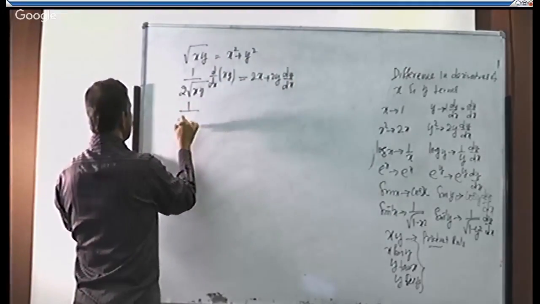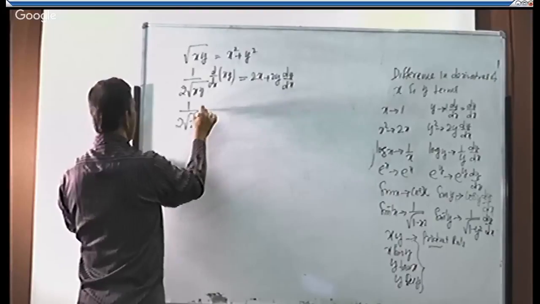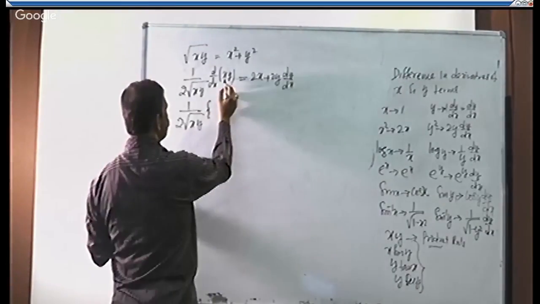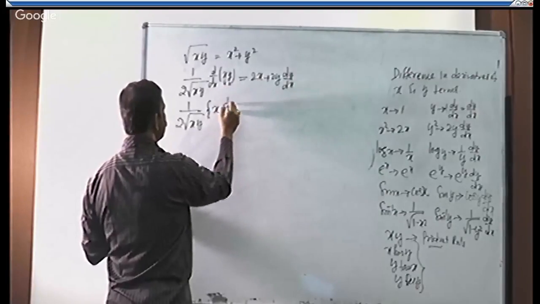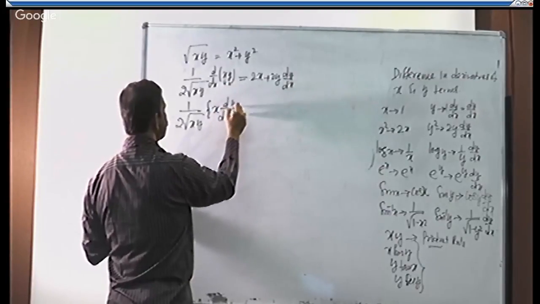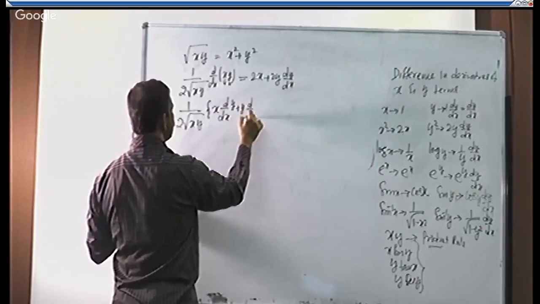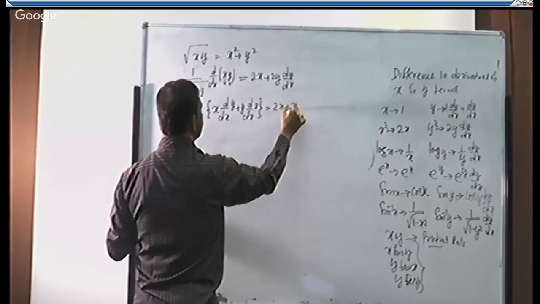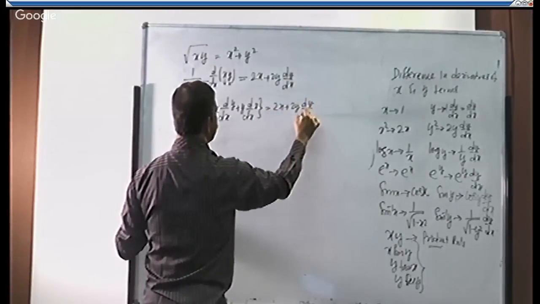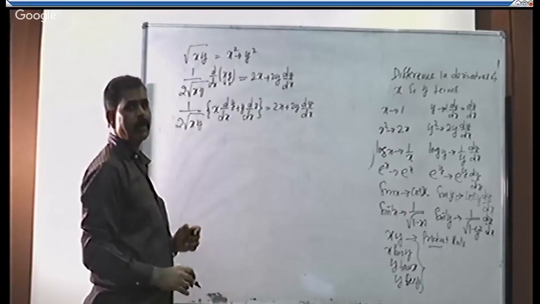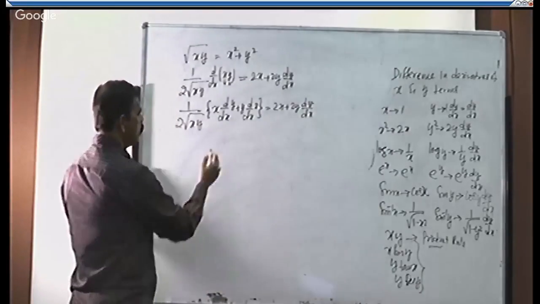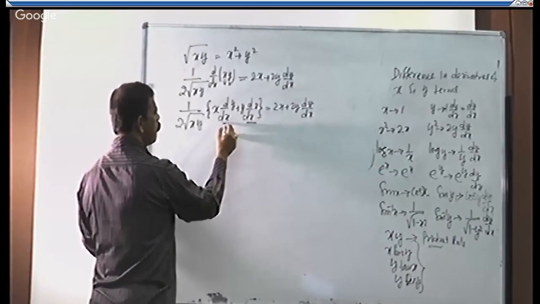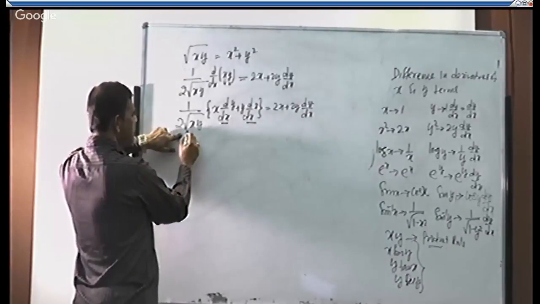Then 1 by 2 root of xy. How to differentiate this? X into y, product rule, correct? U v: x into d by dx of y plus y into d by dx of x. Take the terms at right side as it is because differentiation part is over at the right side. Differentiate x and y separately and this has to be multiplied.